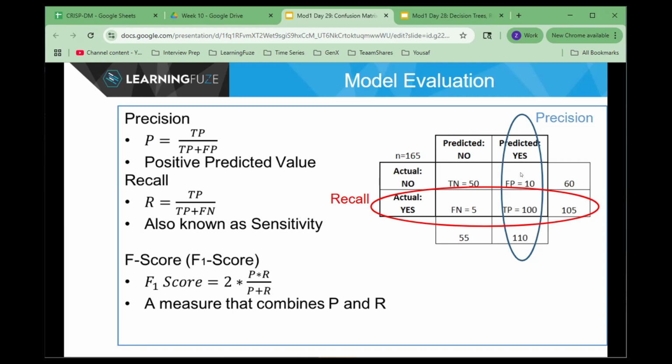So precision is how many times was your algorithm correct when it predicted the positive class? Recall is how many times was your algorithm able to predict correctly the positive class in true values?